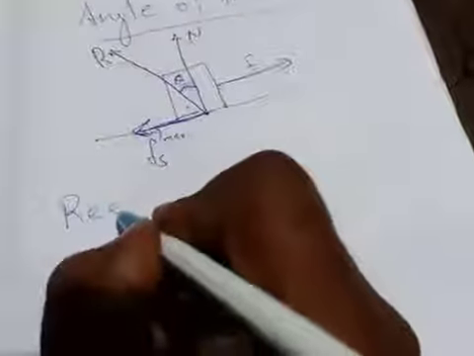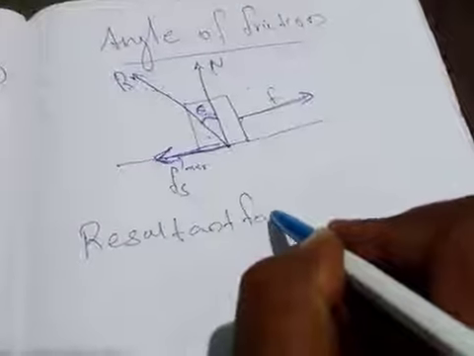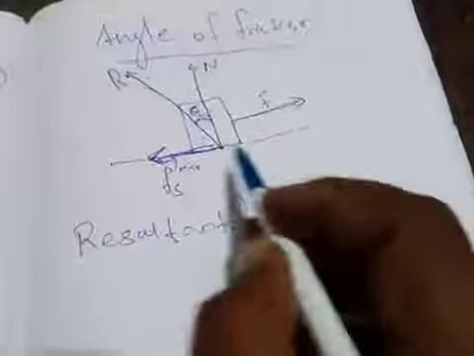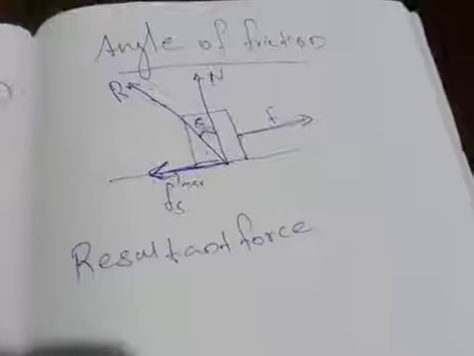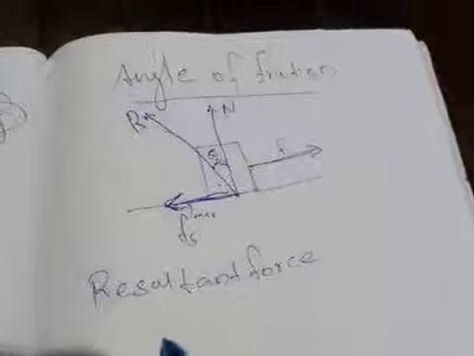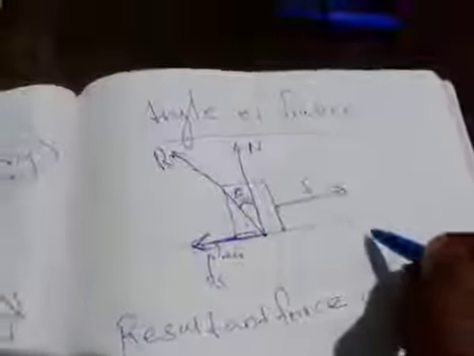Now there is a small derivation, and first we find the resultant force. How do we find it? A square is equal to B square plus C square; that form you have to use.